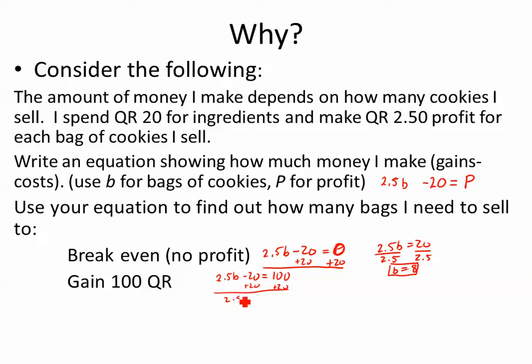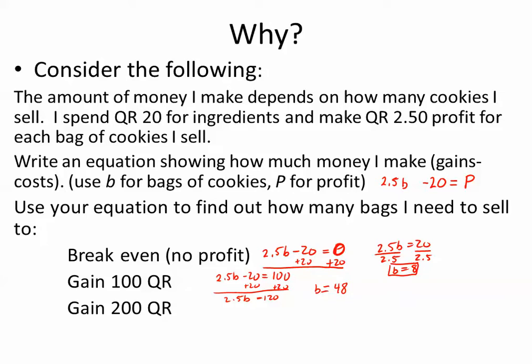I'll have 2.5b equals 120, and then I'll divide by 2.5, and so I will get b equals, well, 2.5 goes into 120, 48 times, so that would be 48 bags. All right, next question.